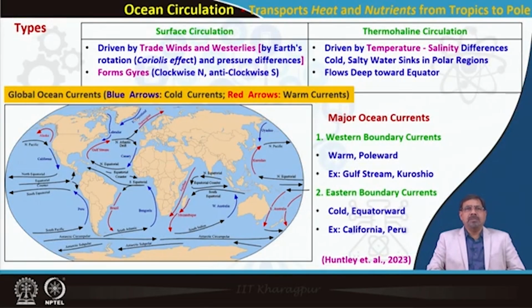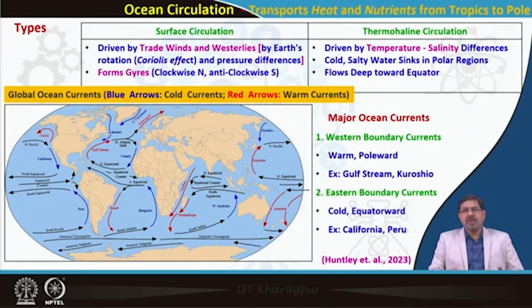So, friends, let us have a look at the oceanic circulation. What does oceanic circulation mean? It means the transport of heat and nutrients across the tropics to poles.